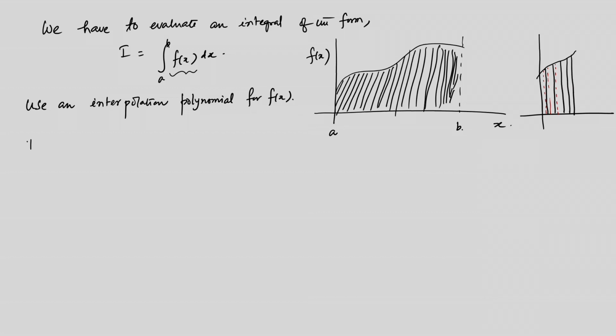What we mean to say is that your I equal to the integral from a to b of f of x dx is equal to the integral from a to b of p_n of x, that is an nth order polynomial. Now, I am no longer saying that I am going to use small grids, which eventually I will show, but this f of x is actually approximated by a polynomial, and then you integrate it analytically.